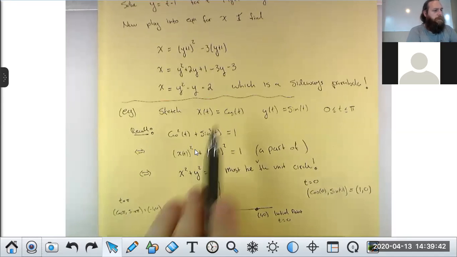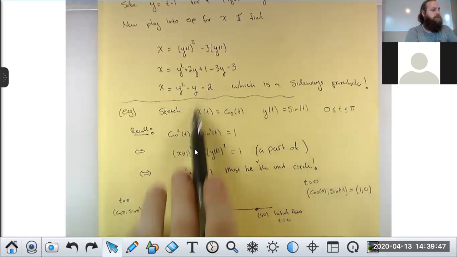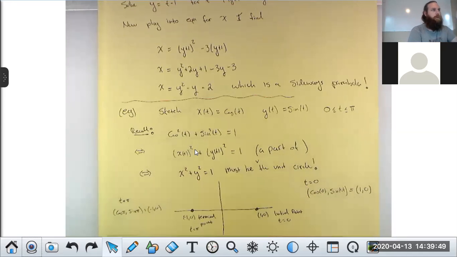To sort it out, think about each of these functions on their own. The cosine function starts off decreasing. Picture a cosine wave. You start at the top and you go down, then you come up, then you go down. The sine wave starts off at 0 and goes up and then down and then up.